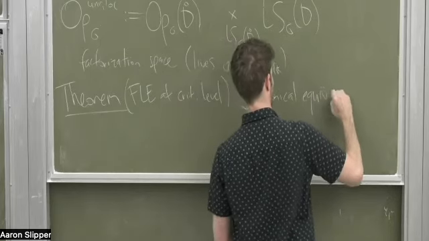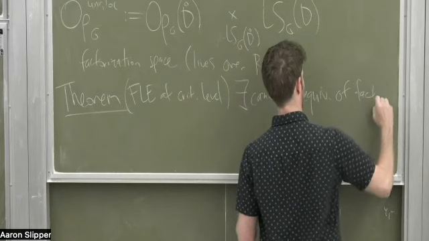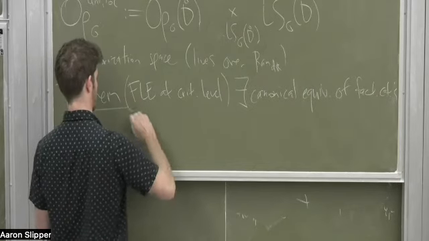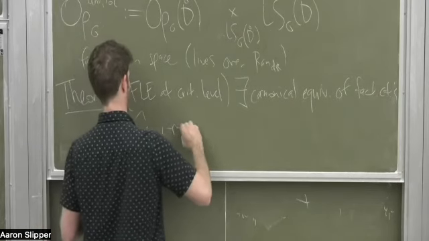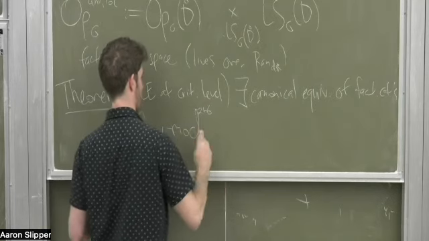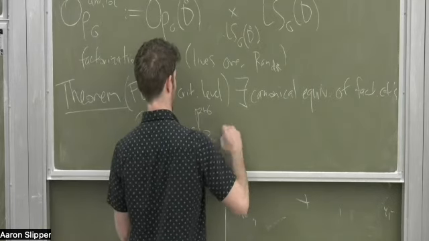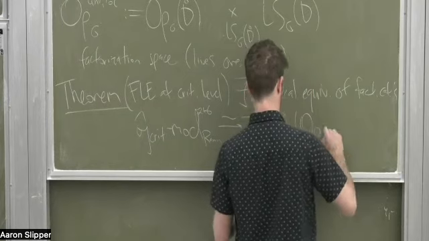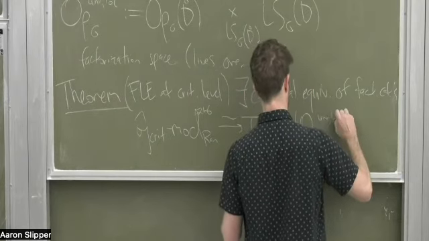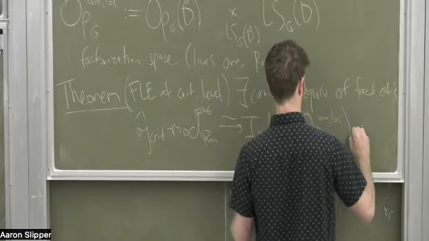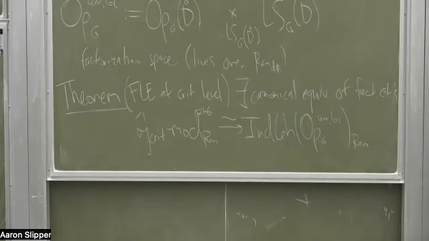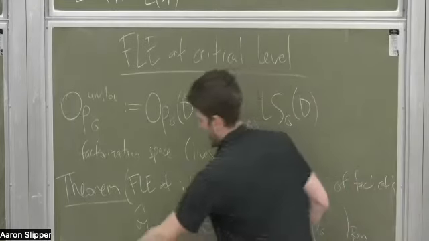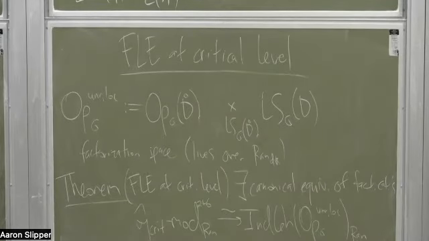Equivalence of factorization categories. The Kac-Moody category at critical level with the category of quasi-coherent sheaves on the unramified local opers. We also want compatibility with Satake, of course.